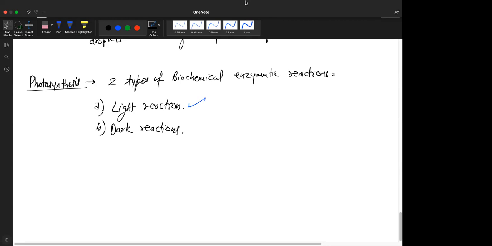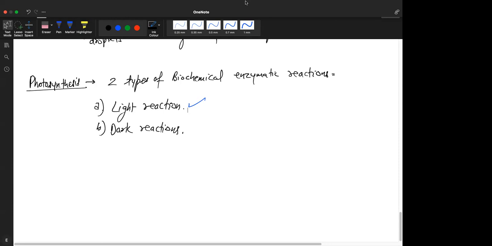But where did this energy come from? Yusuf, where did the energy stored in ATP and NADPH molecules come from? Light reaction. Yes, sunlight. You can simply say it came from sunlight, right?